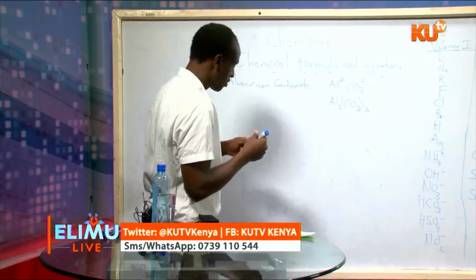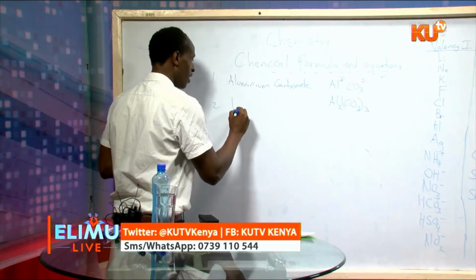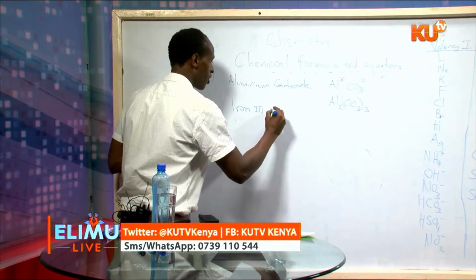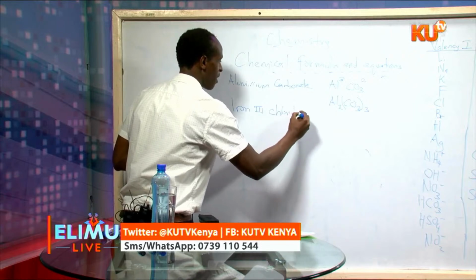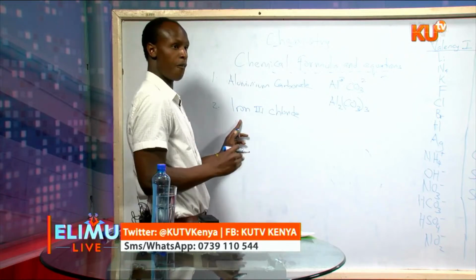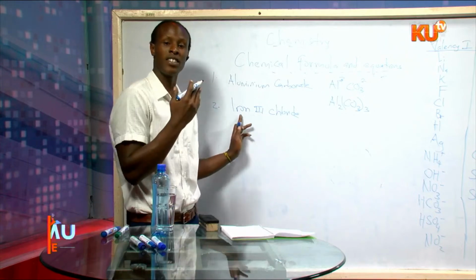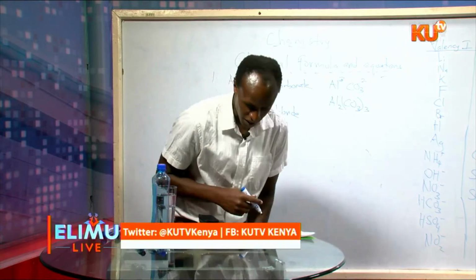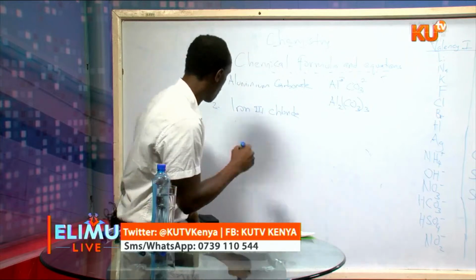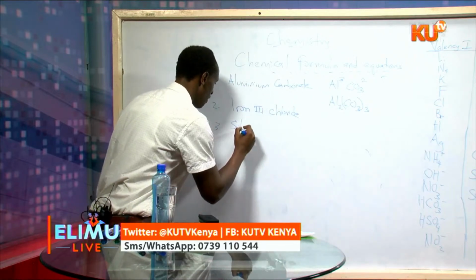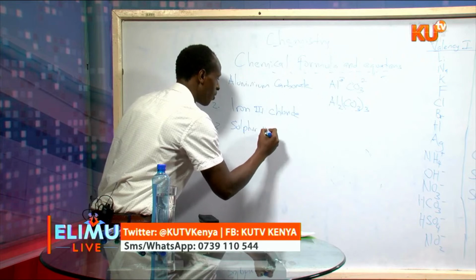So we'll write iron 3 chloride. Iron 3 chloride, iron is Fe. This 3, remember, what does it tell you? It tells you the valency of iron. The second will be sulfur 4 oxide.